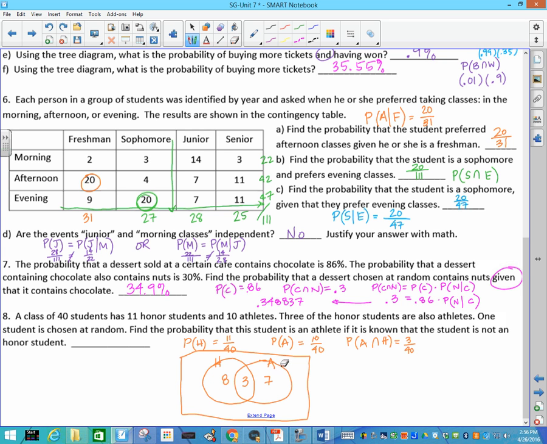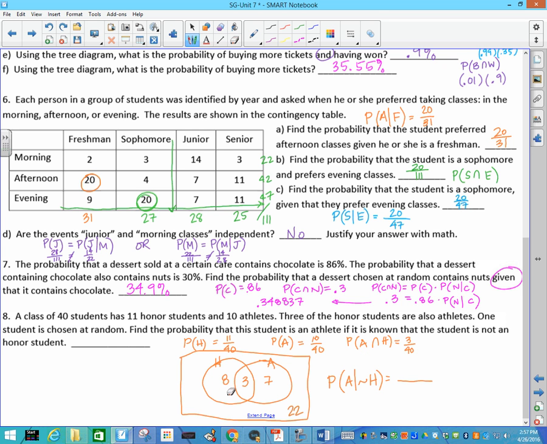And so how many students are not honors or athletes? That would be all these numbers subtracted from 40, which would give us 22. So when they're asking me for the probability of an athlete given that he's not honors, what goes on the bottom is not honors. How many students are not honors students?